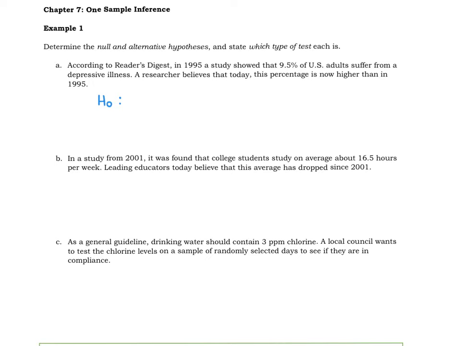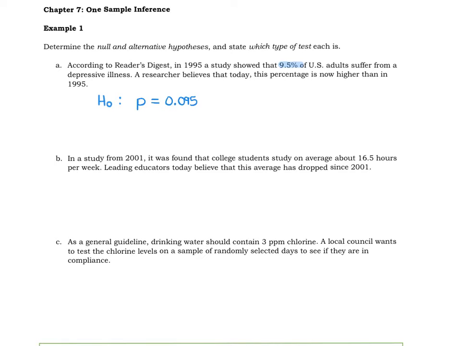What we think is known is that 9.5% of adults suffer from a depressive illness of some sort. That is a percentage, and the symbol we use for a percentage or a proportion is P. So we think that P equals 9.5%. Because we're writing it as a proportion, I'll write this in decimal form, 0.095. That's our null hypothesis.